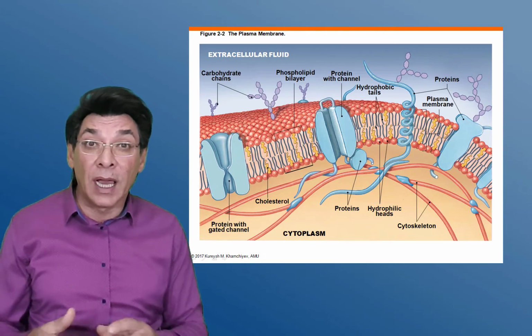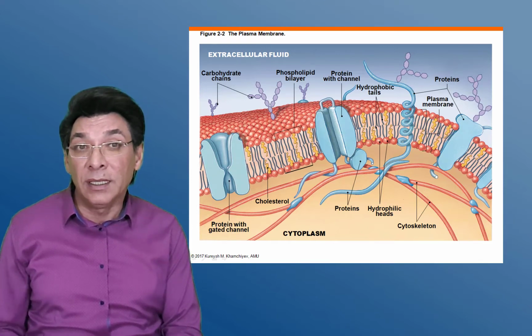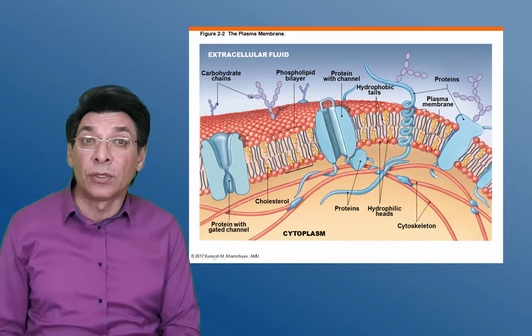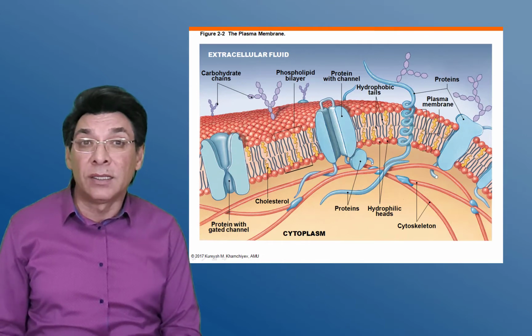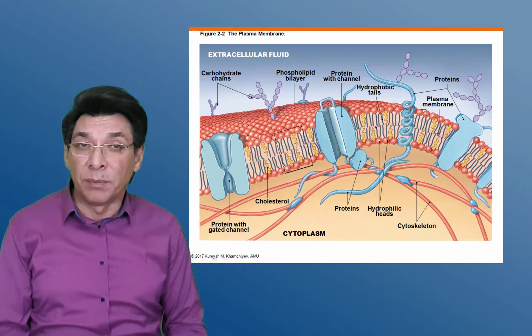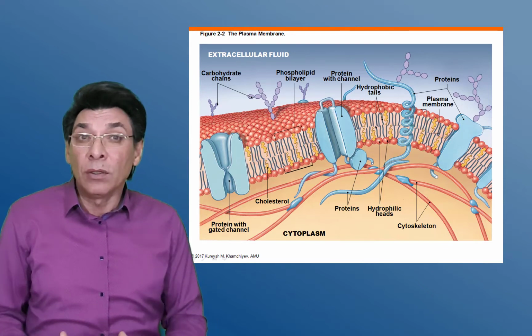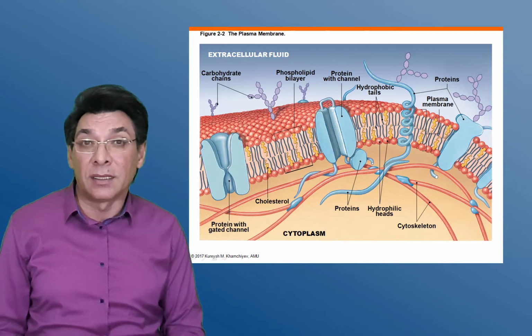The fluid on the outside is called the extracellular fluid, ECF, and is very different from the composition of the internal fluid of a cell, which is called the intracellular fluid, ICF. Therefore, the plasma membrane allows for transport and exchange, but also maintains the differences between the two sides.